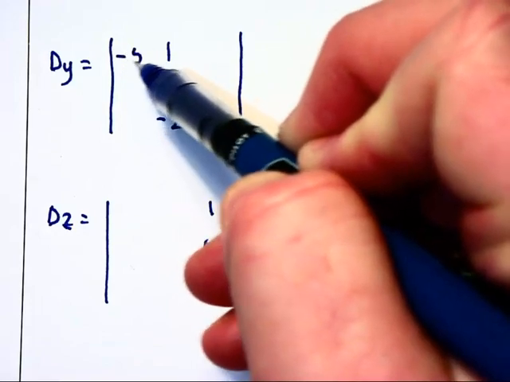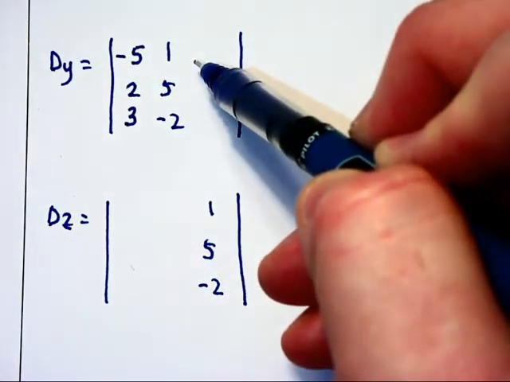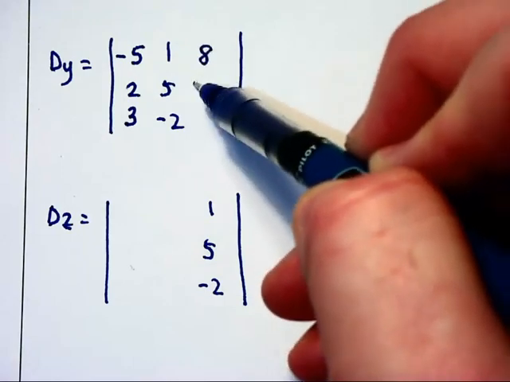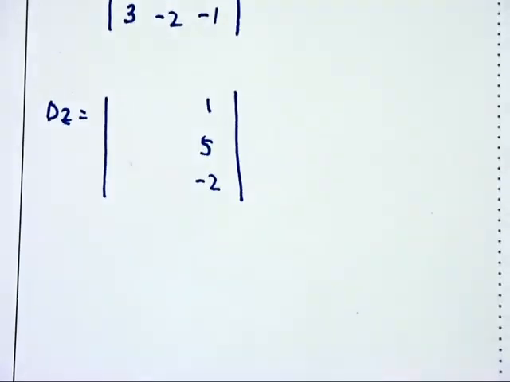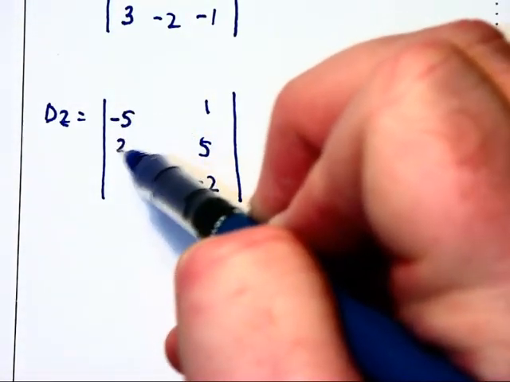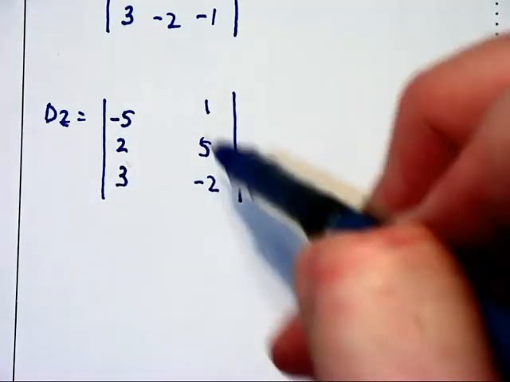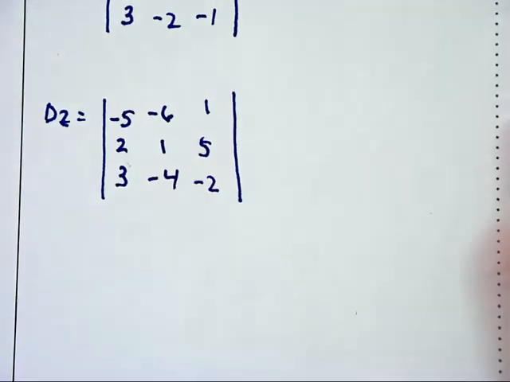The x column has coefficients of -5, 2, and 3, and the z column has 8, -4, and -1. And finally, moving down here to dz, I'm missing the first column of -5, 2, and 3, and the second column, which is -6, 1, and -4. So we're going through all this setup phase.